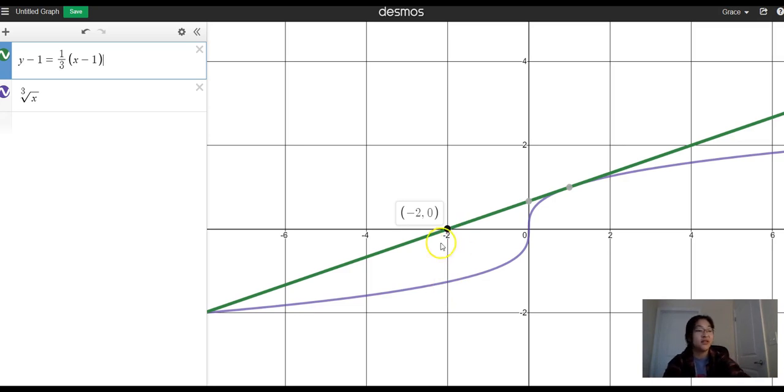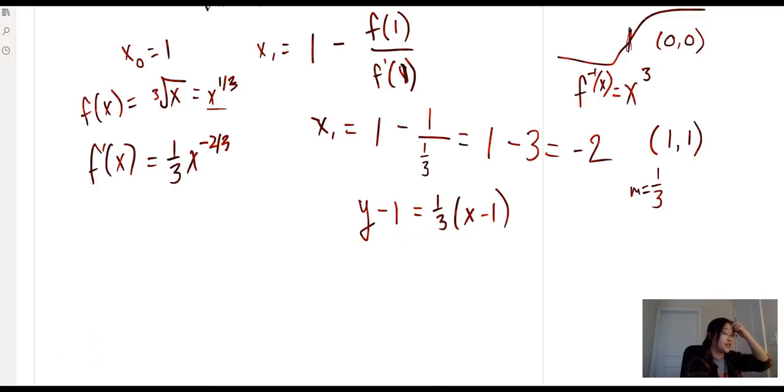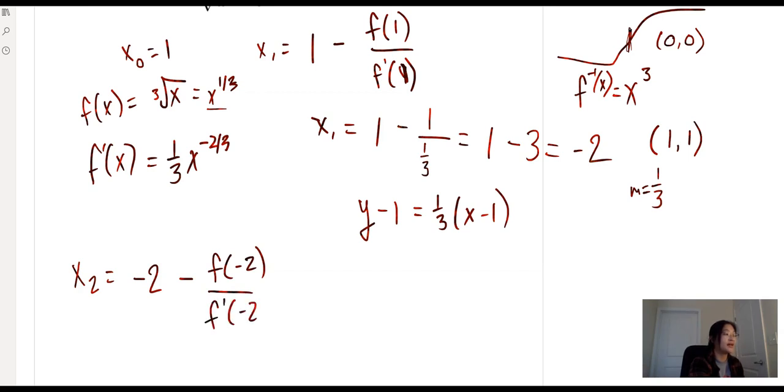Well, let's do it. The tangent line for x sub 2 is gonna be -2 minus f of -2 over f prime at -2. And what is that going to be? That's -2 minus f of -2, so (-2) to the 1/3 power, over 1/3 times (-2) to the -2/3 power.